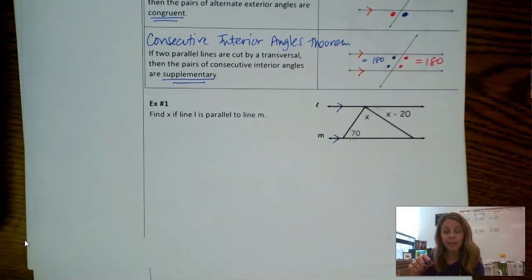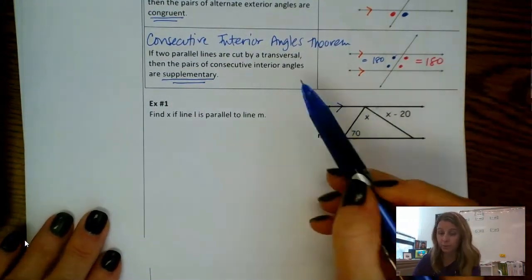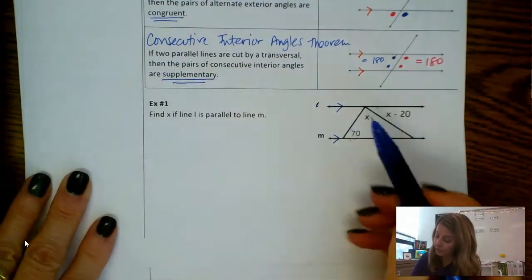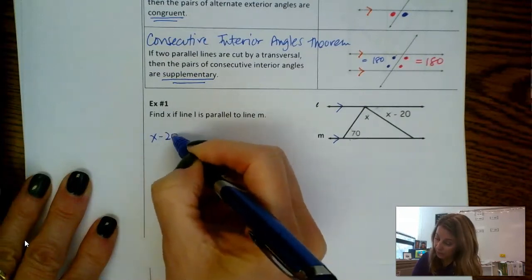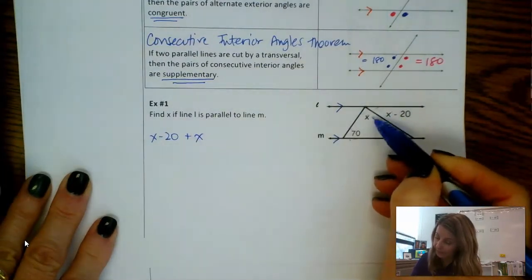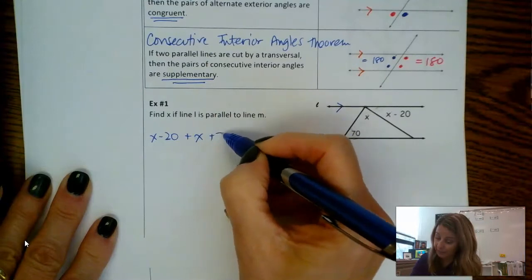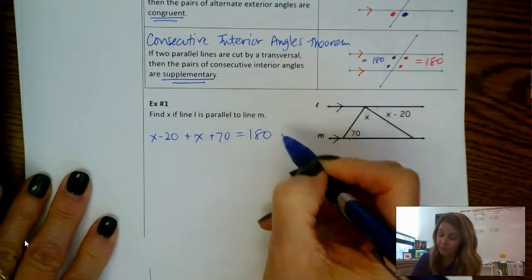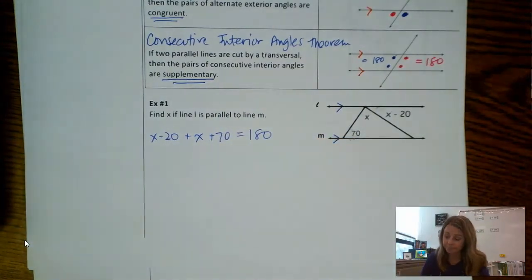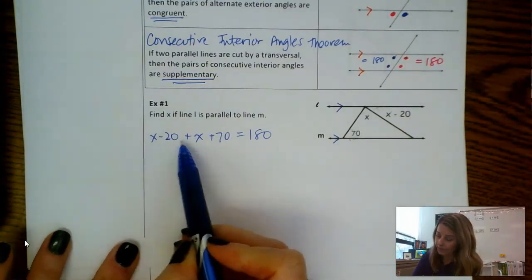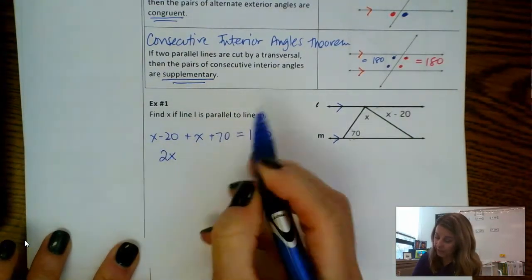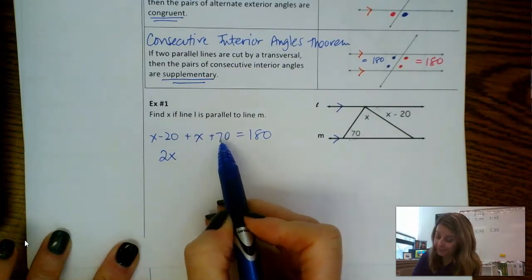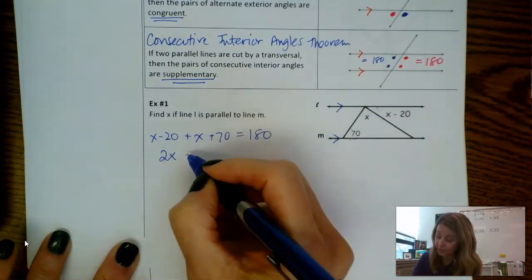Okay, so step one, identify what they are, and then step two, the relationship is supplementary. So I can take x minus 20 plus x plus 70. That has to all add up to 180 because the lines are parallel. Okay, x plus x is 2x. I have basically 70 minus 20 is 50.